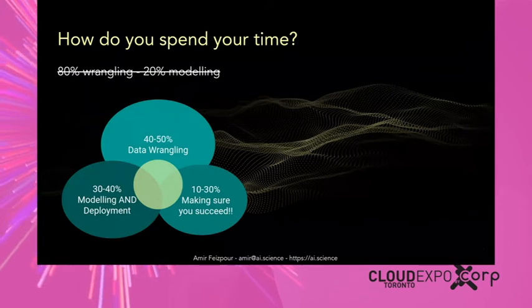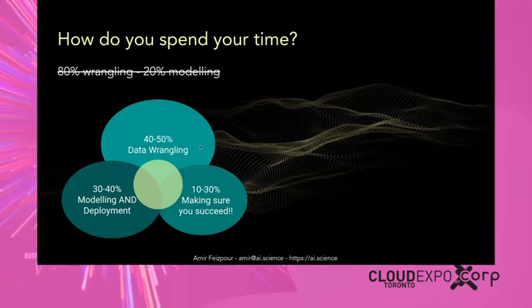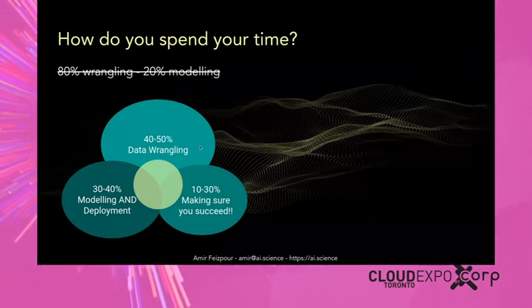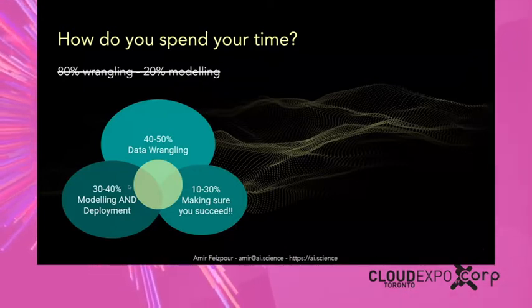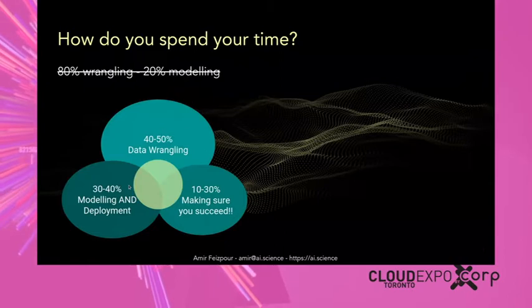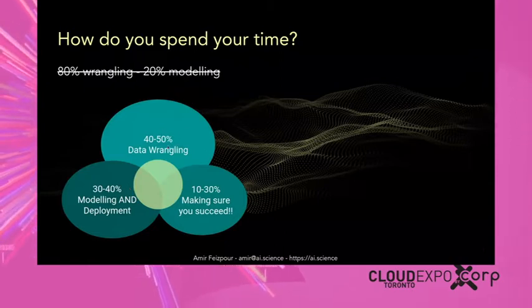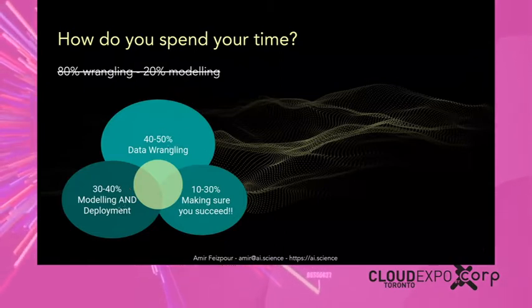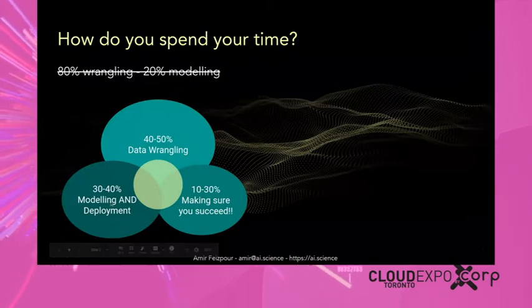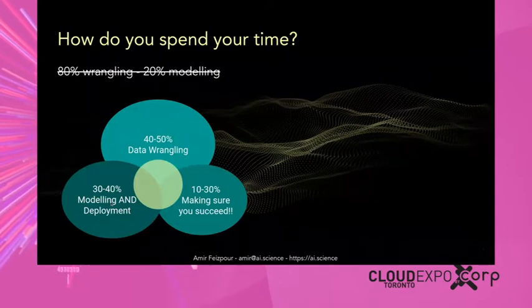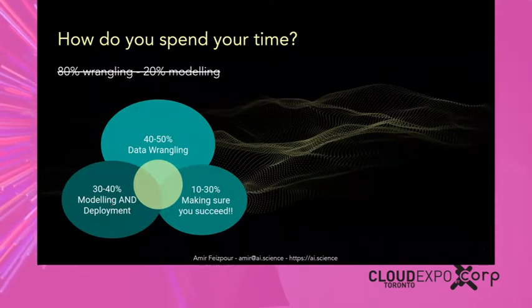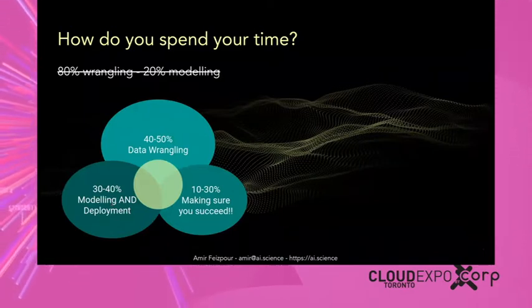In reality, you really should have spent about 40 to 50% of your time on handling data and wrangling that, and about 30 to 40% on modeling and deployment of those models. Because if you prepare your data as well as you can and build models on it, but those models don't go into production, then that would be extremely challenging because nobody can use them.